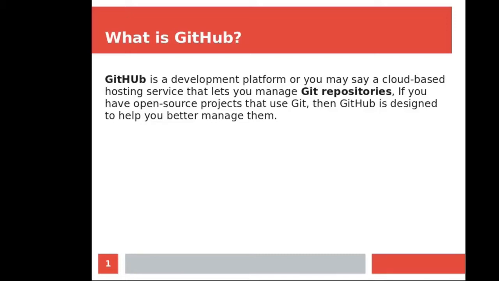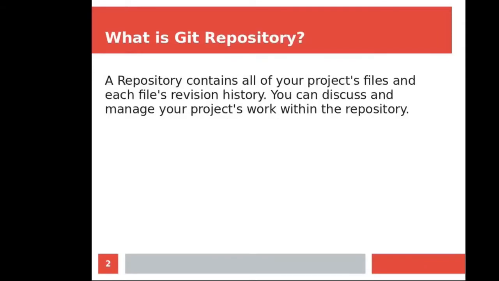So here I have used the words Git repositories. So definitely you will have a question in your mind: what is Git? What is a Git repository? A repository contains all of your project's files and all the history of those files, like all the revision history we can say.